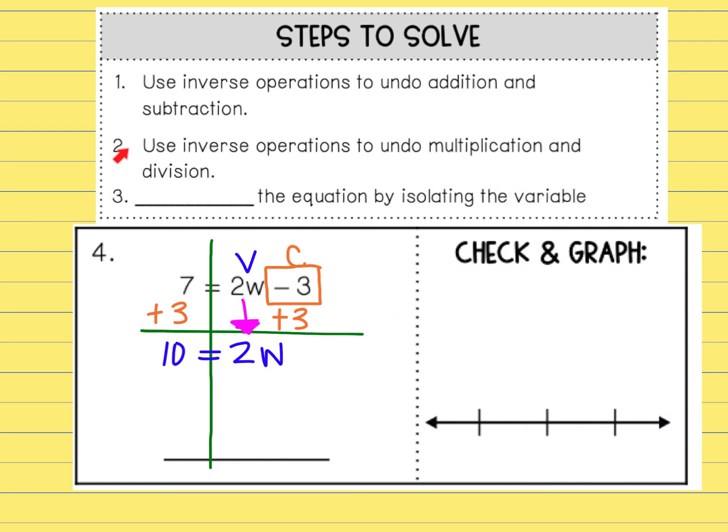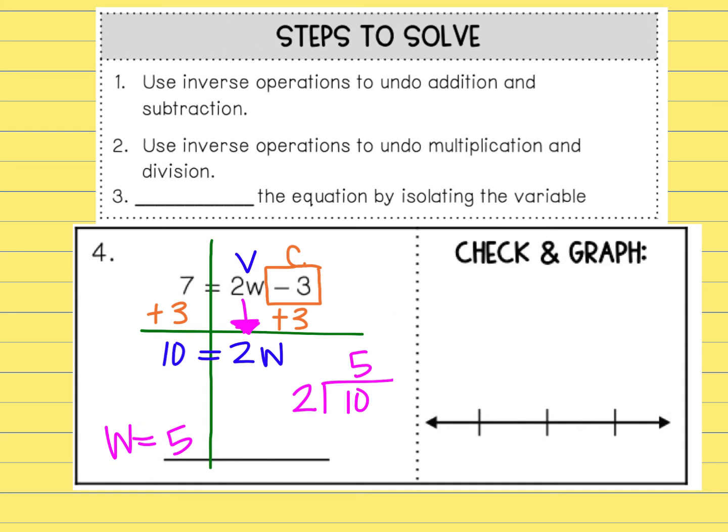So in step 2, it says do the inverse of multiply or divide. Since this is already multiply, I make a dividing question. 2 divides into 10. 2, 4, 6, 8, 10. That made 5. So I'm going to say W equals 5.